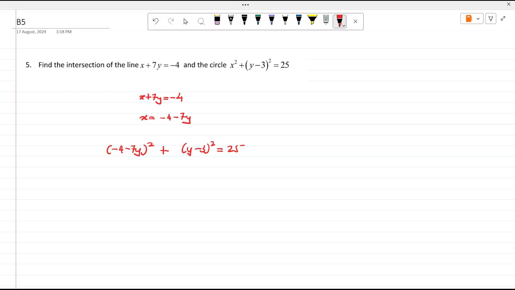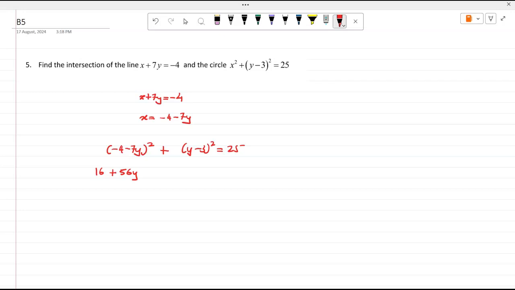Expand it. So 16, plus 56y, because minus and minus will become plus. Minus 4 into minus 7 will become plus 28.